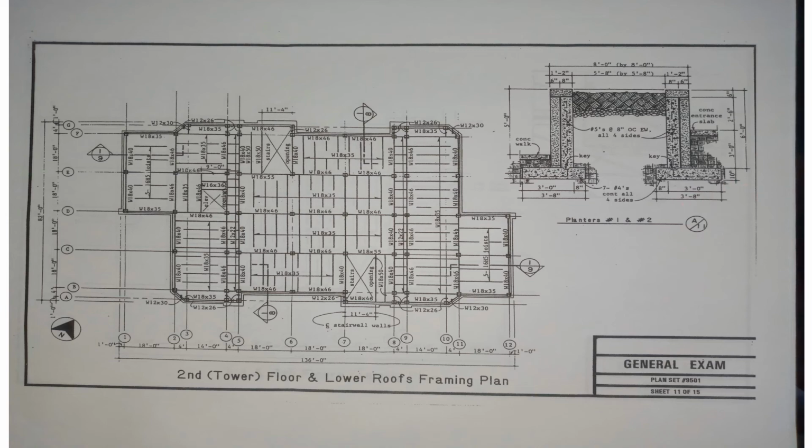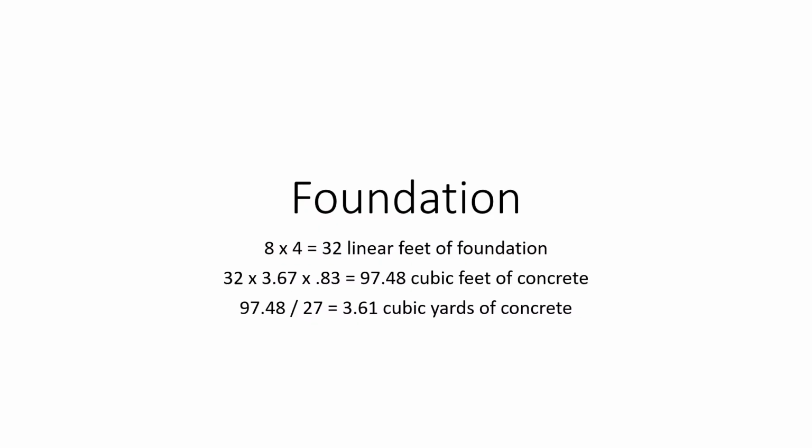So now we have the 3 dimensions that we need to figure out the foundation of this planter. 8 times 4 is 32, 32 linear feet times 3.67 feet times 0.83, that's 10 inches. And then we have 97.48 cubic feet of concrete, divided by 27, we have 3.61 cubic yards of concrete.